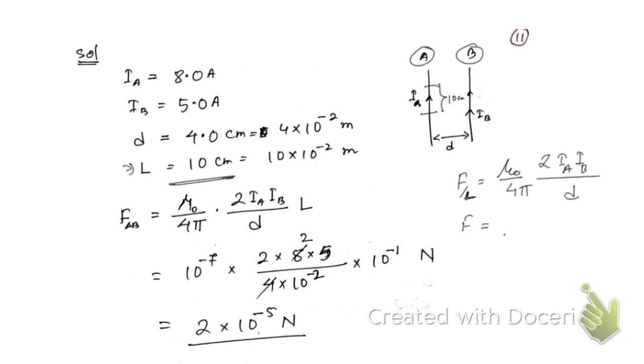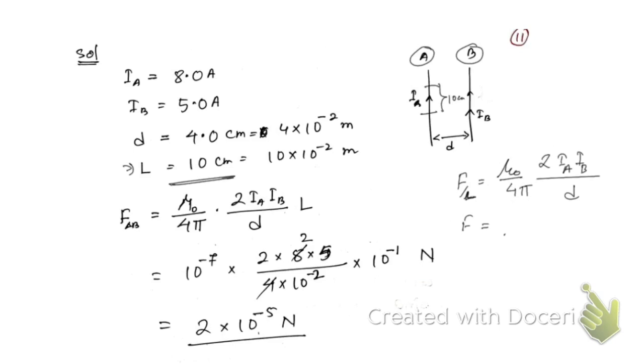You can write this expression this way also, mu naught by 2 pi IA IB by D, but as I have already told you earlier, it is easy to put the value of mu naught by 4 pi. That's why I keep this expression this way, instead of cancelling 4 by 2.